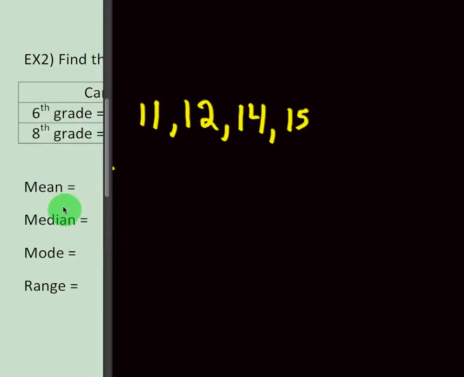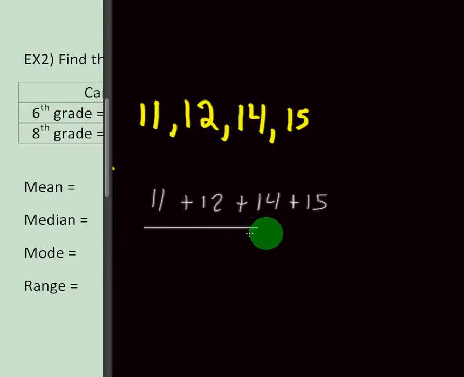Now we can look for the mean, median, mode, and range of the data listed. We'll add 11 plus 12 plus 14 plus 15. And don't forget, to find the mean we need to divide that by the total number of values. There are 1, 2, 3, 4 values here.